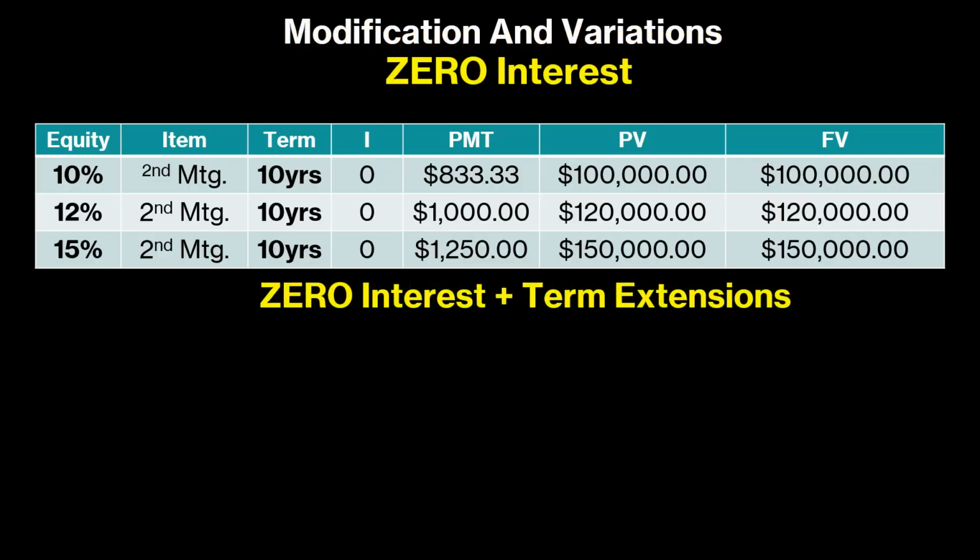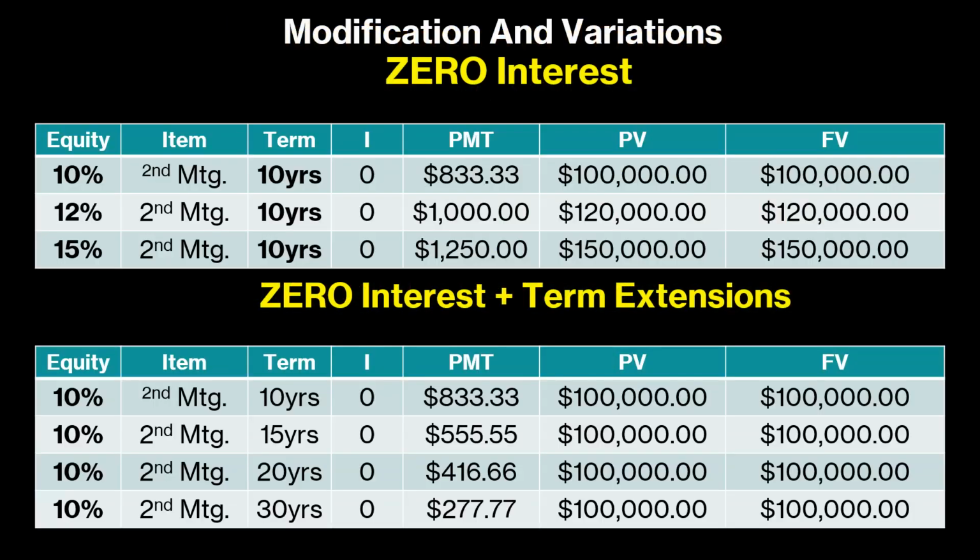But there's a change going to happen here. And he needs the payments to be in half for $416. I can do it by stretching out the term to 20 years. But if I stretch it out to 20 years and it's at zero interest, it's going to be a 5-year or 2-year balloon. You got that?